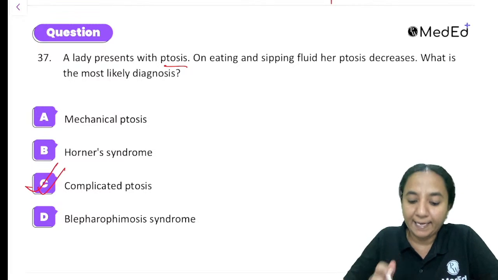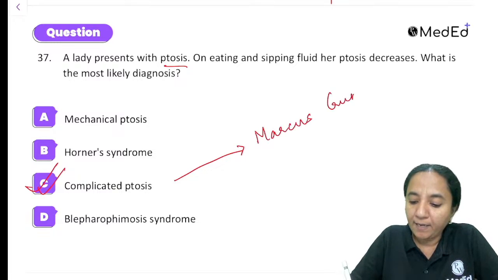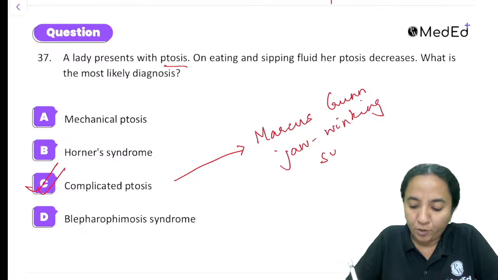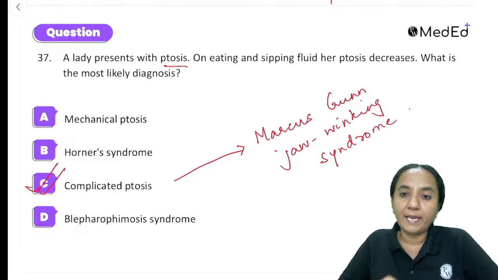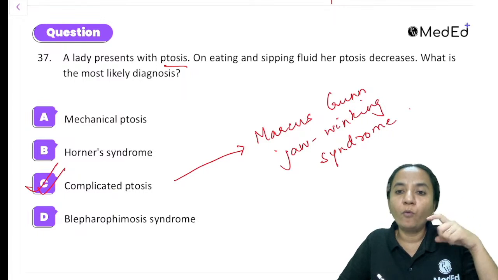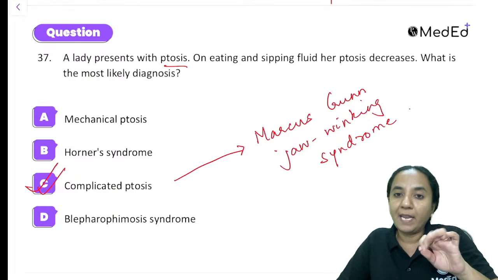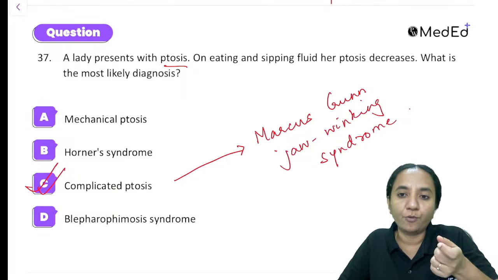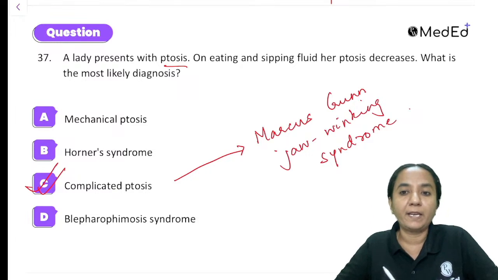Complicated ptosis is the category, and the typical name for this condition is Marcus Gunn jaw winking syndrome. So instead of complicated ptosis, they can also give Marcus Gunn jaw winking syndrome in your options. There is a movement of the ptotic lid when there is a movement of the jaw, and hence the name. That is the actual syndrome, and the category is called complicated ptosis.